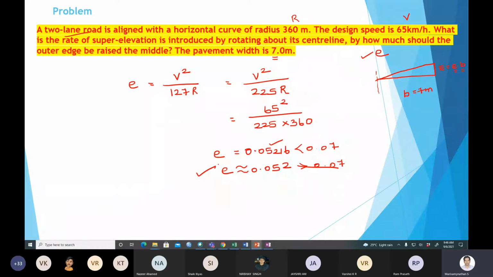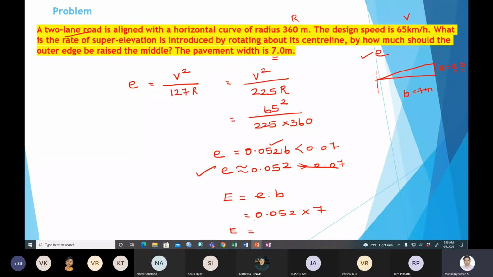But the question is not only super elevation. How much should the outer edge be raised from the middle? So with respect to the center line, how much rise do we have to provide? The rise is capital E equal to small e into B. Small e is 0.052 into 7 meter.